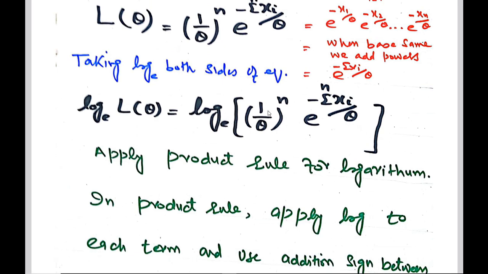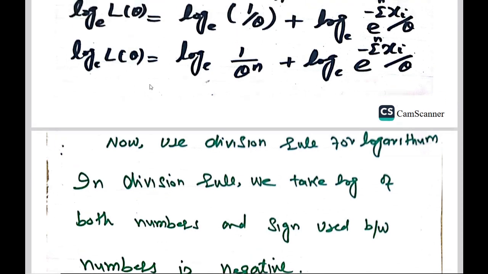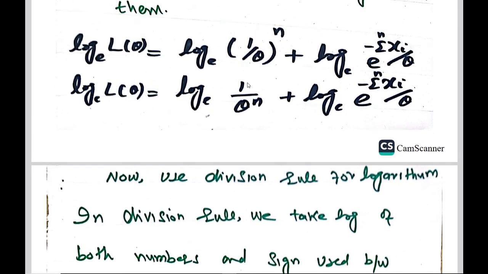Take the log of one term, the sign to be used is plus, and then the log of the other term. So log of L of theta is log of 1 over theta power n plus log of e power minus the sum of xi over theta.